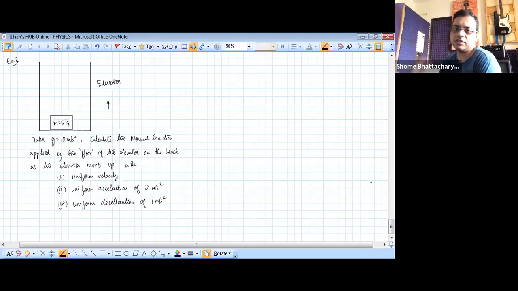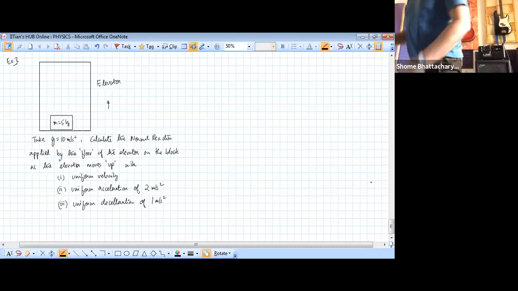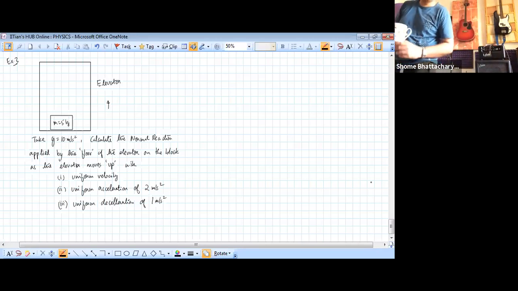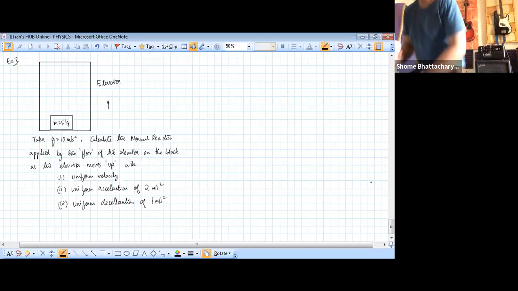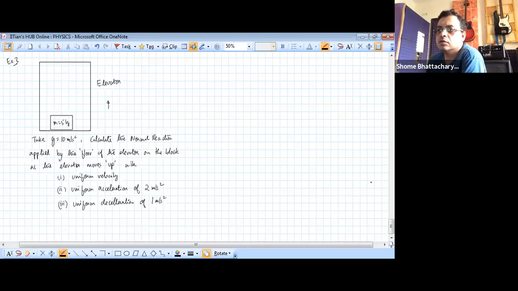That's correct, beta. Now tell me the second and third case accordingly. Second case is not correct, beta. Yeah, Dhruv, your second case is correct. Parikshit, you have to understand the direction a little more carefully.